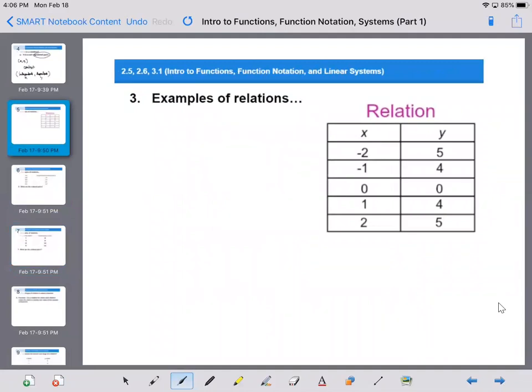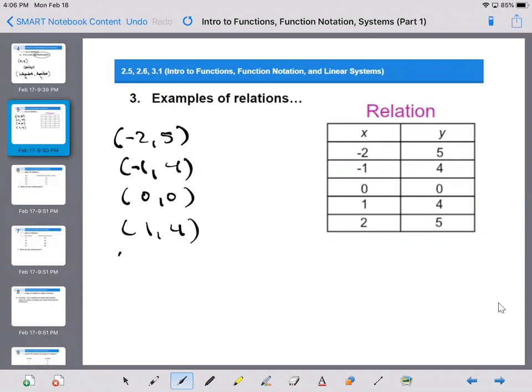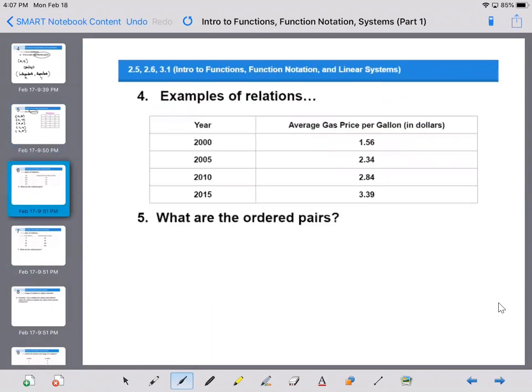For instance, examples of relation would just be the ordered pairs, so (-2, 5), (-1, 4), (0, 0), (1, 4), and (2, 5). So these would be examples of relations. We could also look at context.